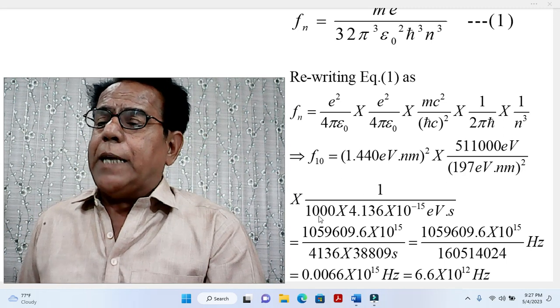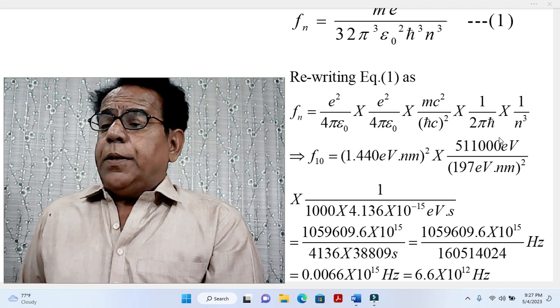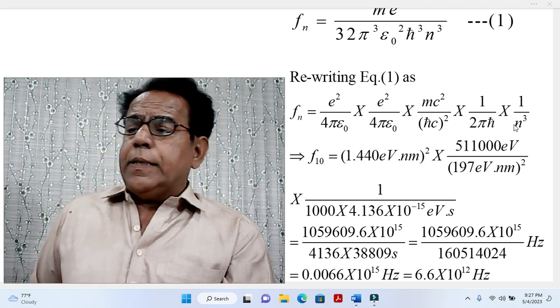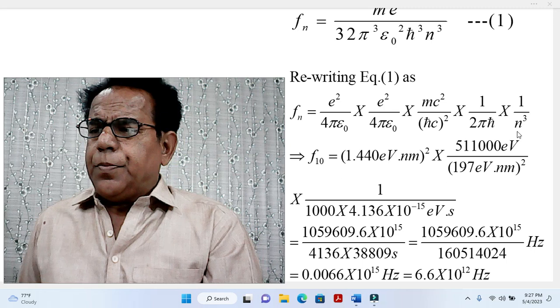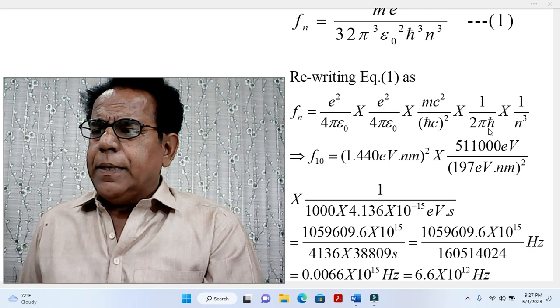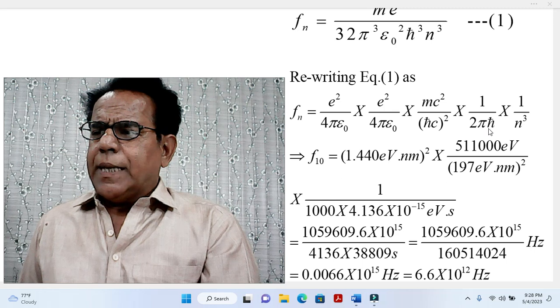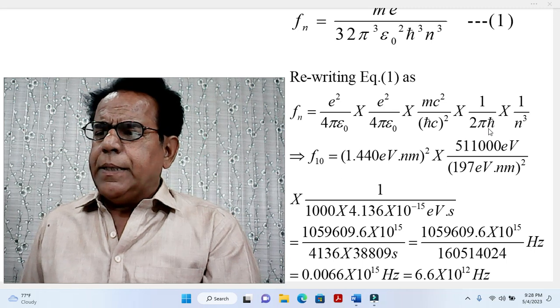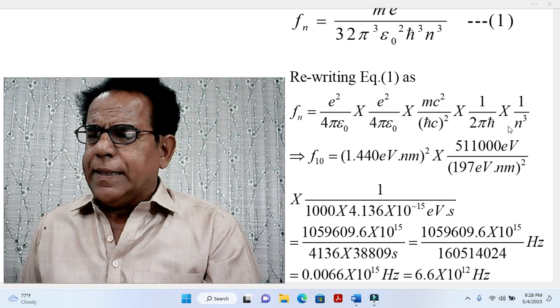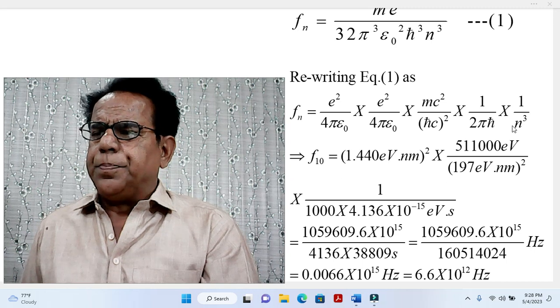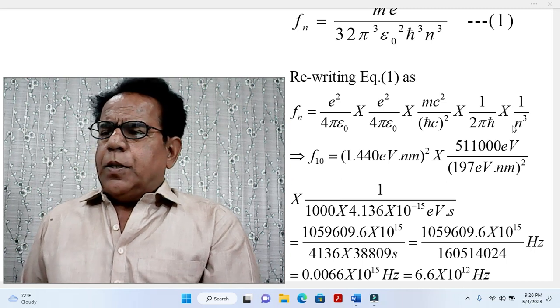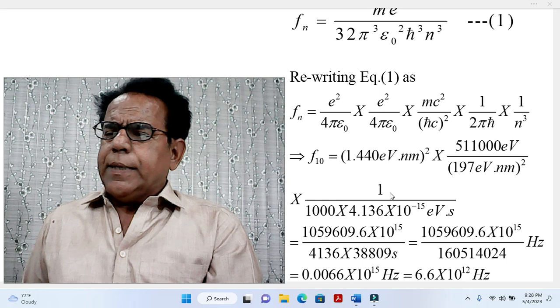Moreover, multiplied by 1 over 2 pi h cut into n cube. So in the numerator there is 1.